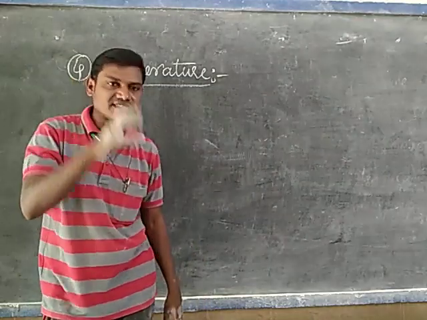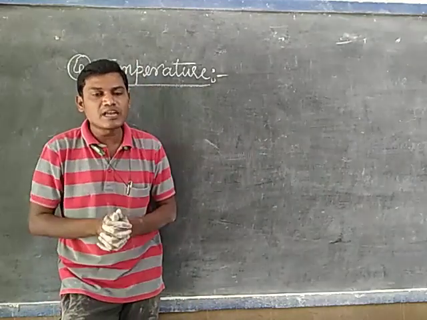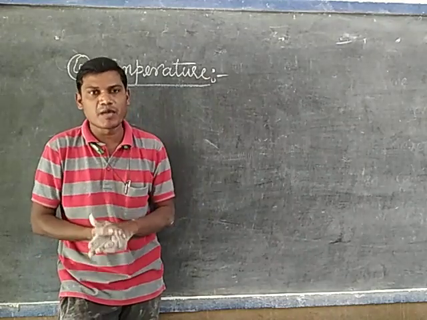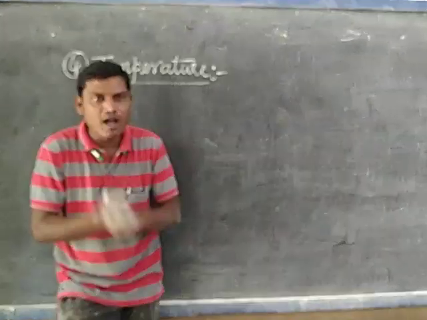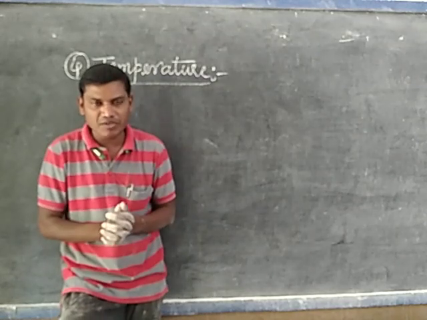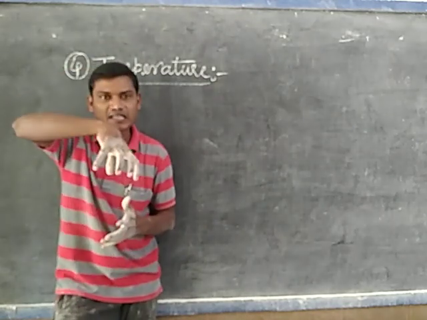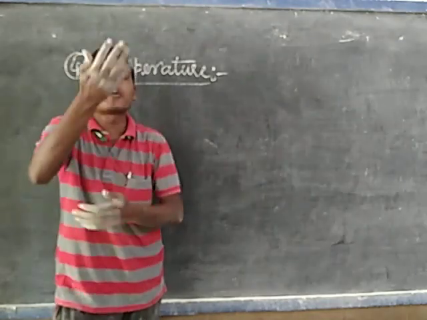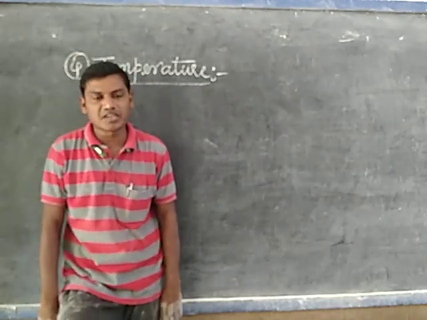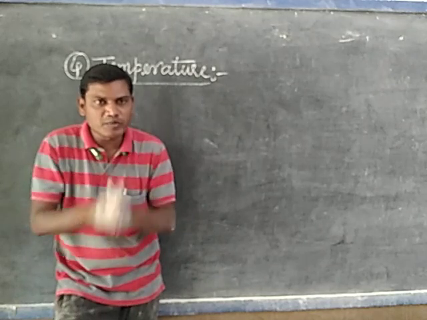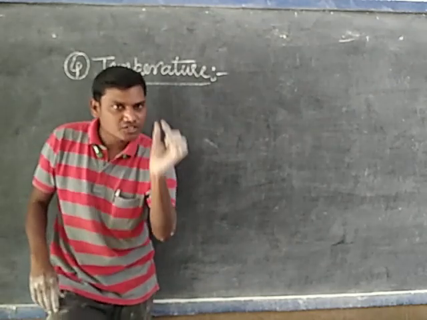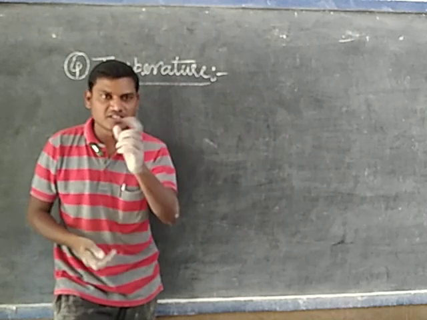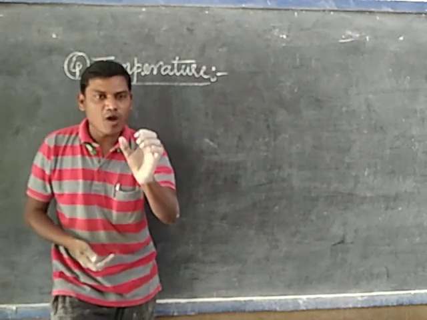In the case of ice, it is found with the help of the regelation phenomenon. With the help of the regelation phenomenon, we can easily find that if the pressure increases, the melting point decreases. If the pressure decreases, the melting point increases again.